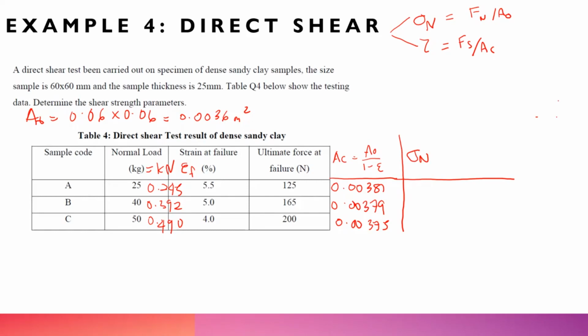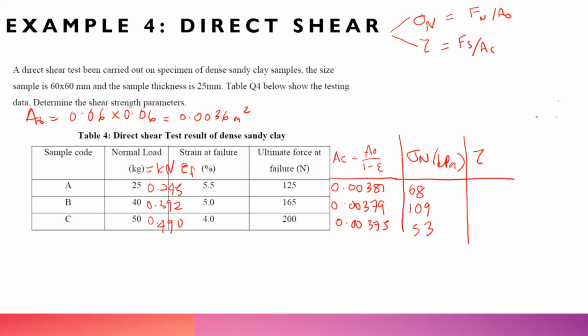So from the calculations, normal stress is equal to 68 for sample 1, sample 2 is 109, and sample 3 is 53. So you already have the normal stress in kilopascal or kilonewton per meter square. Now find the shear stress, which is the same unit, kilonewton per meter square or kilopascal.